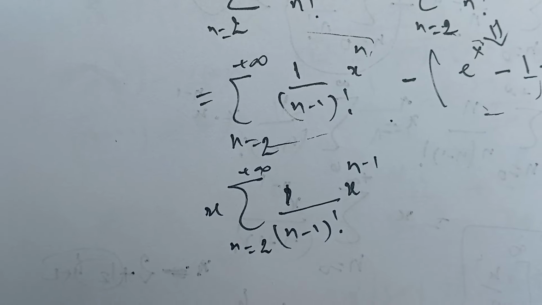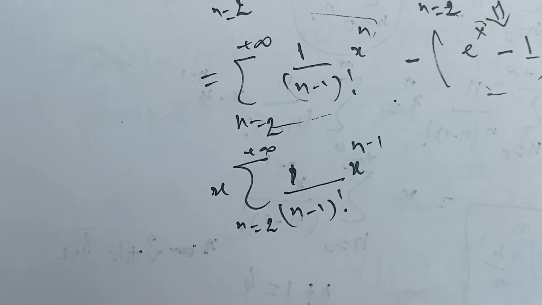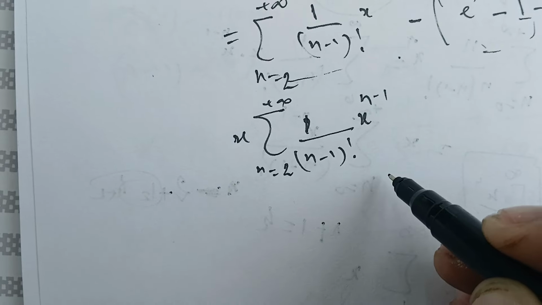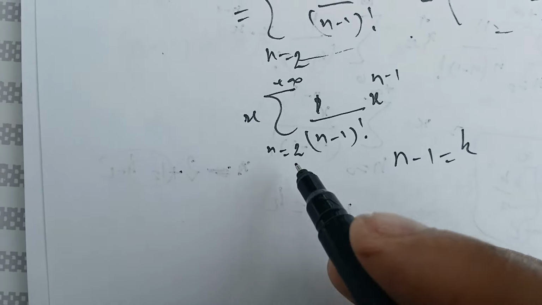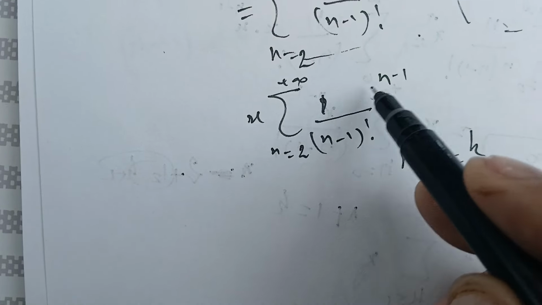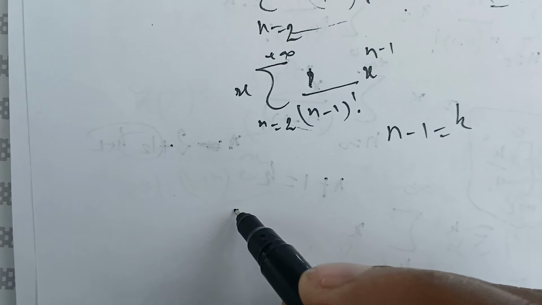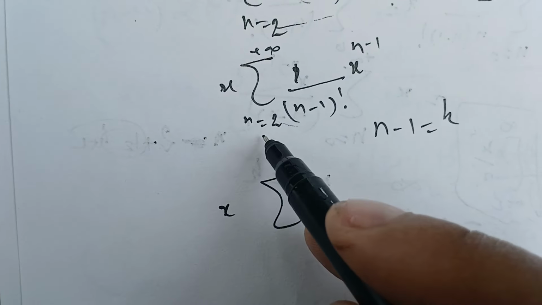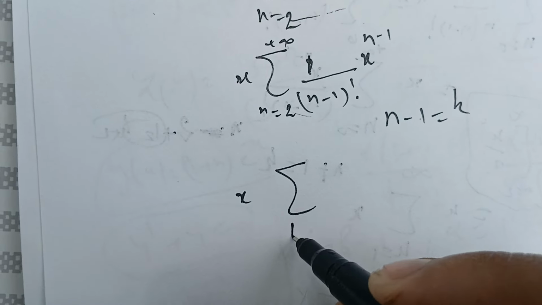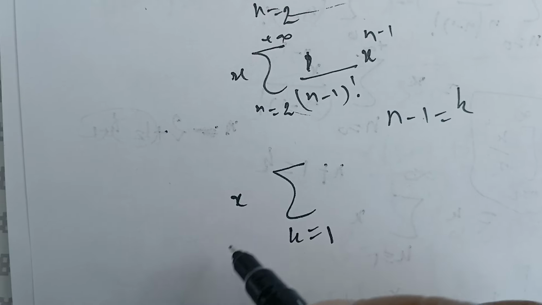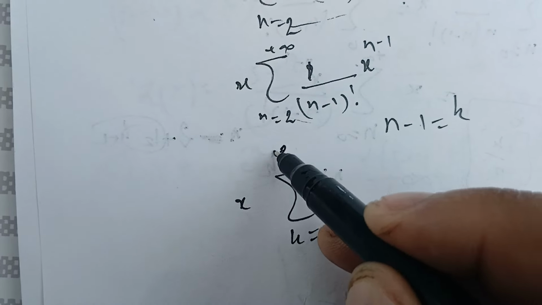Now I can use a change of index. I'm going to let n minus 1 equal k. So this series will become, I still have the x. When n is 2, k is going to be 1. When n is infinity, k is going to be infinity.